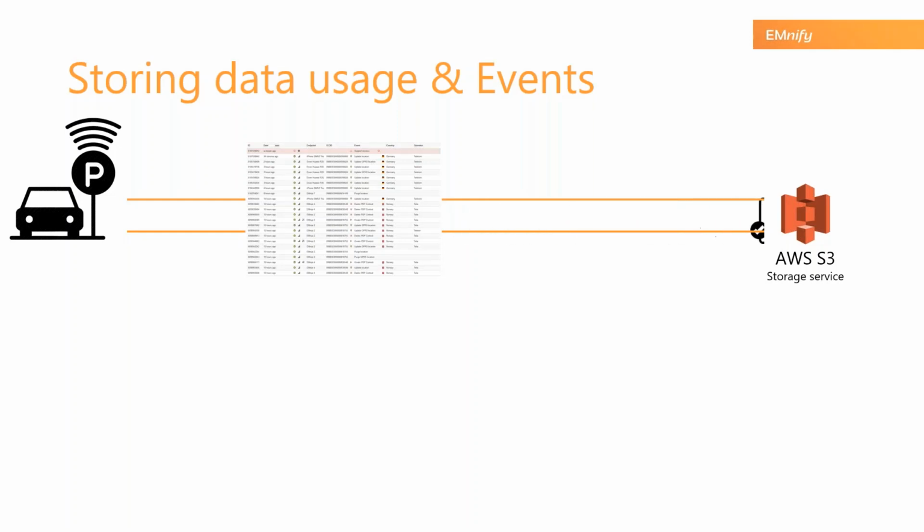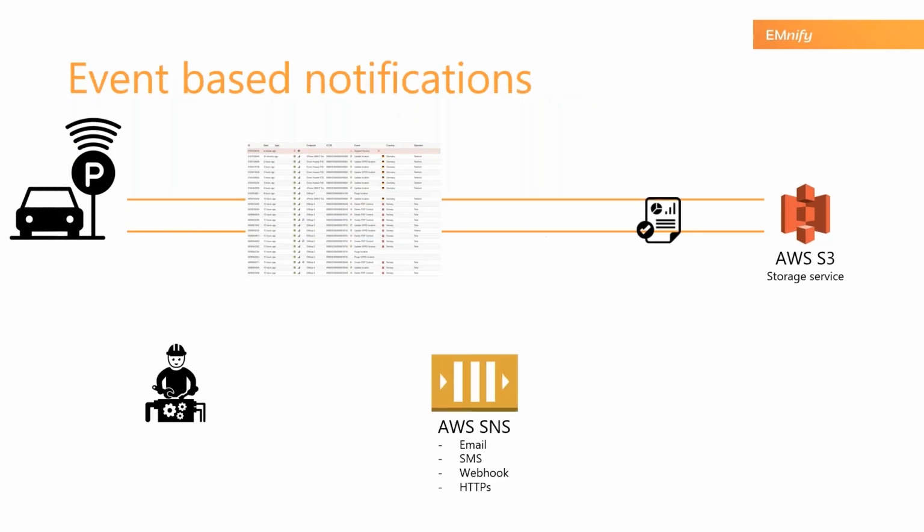Having all the data stored in S3 is great, but it's only storage. You would also sometimes need to act on specific events. Amazon, being Amazon, offers a lot of services. They have one called Simple Notification Service, and you can link it to S3. You can create rules and say, if a specific device stays offline for more than 4 hours, for example, I want to be notified.